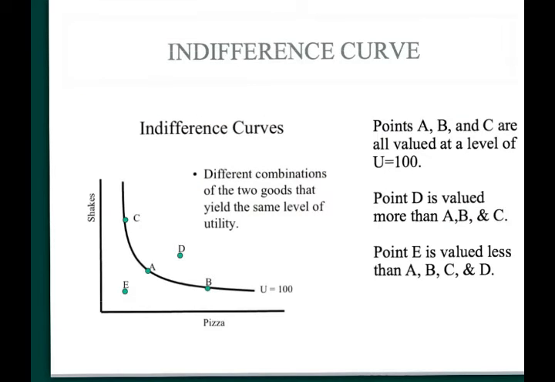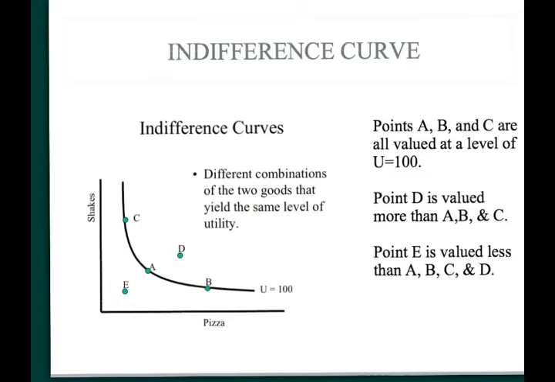So here we have an example indifference curve where we're comparing the consumption of shakes and pizza. All right, and we're going to highlight that on this indifference curve different points along the curve. You can see that points A, B, and C are all valued at the same utility. U equals 100 is what's given in this example.